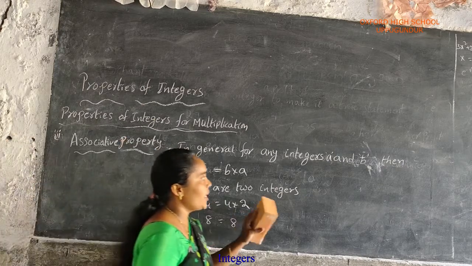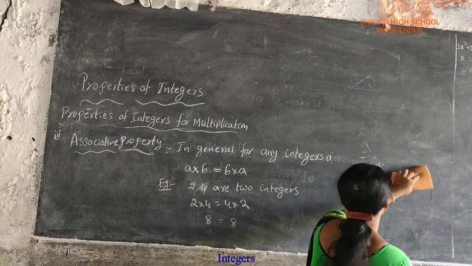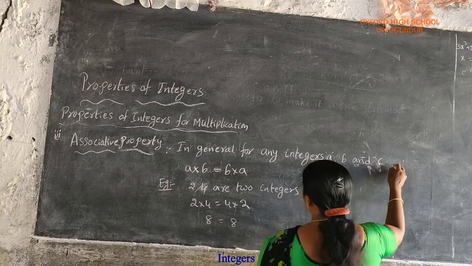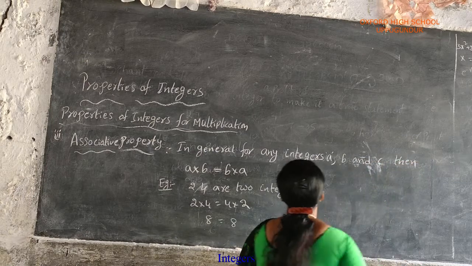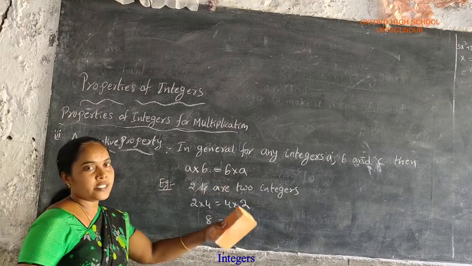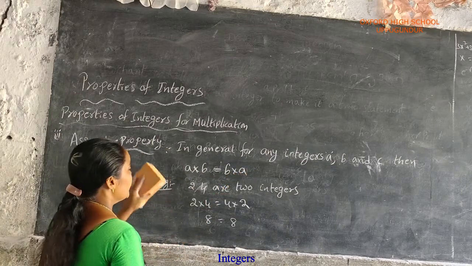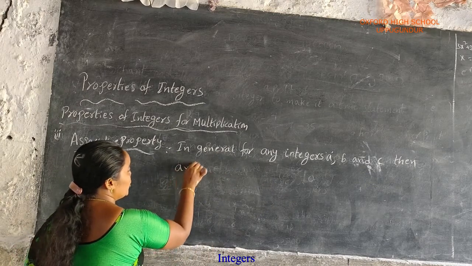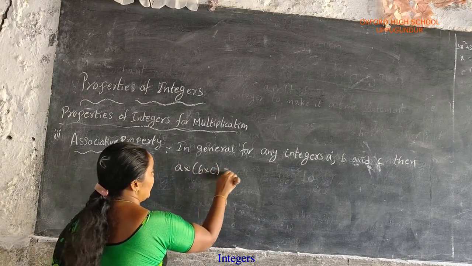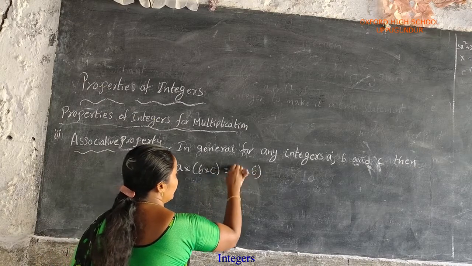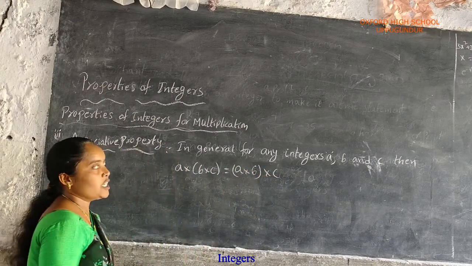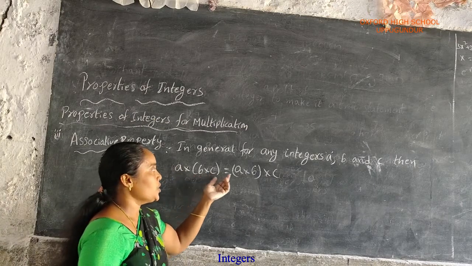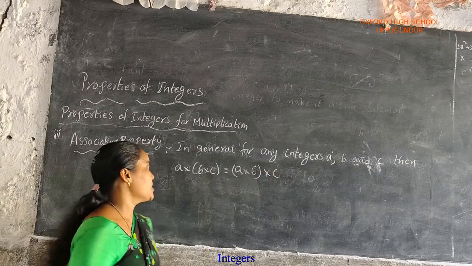In general, for any integers a, b and c, a into b into c equals a into b into c, grouped differently.